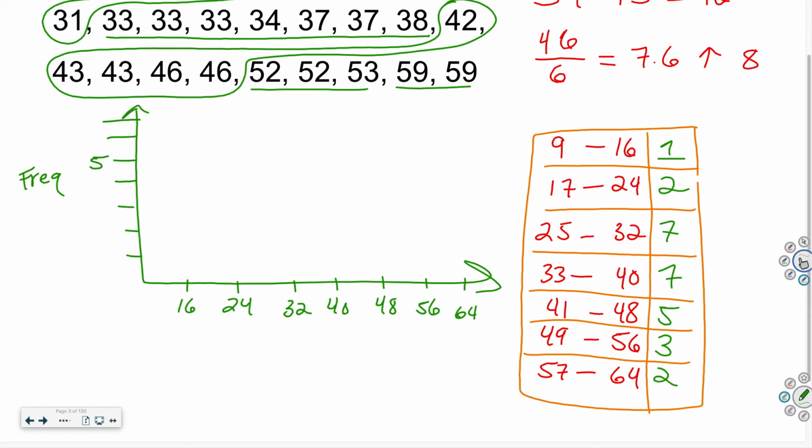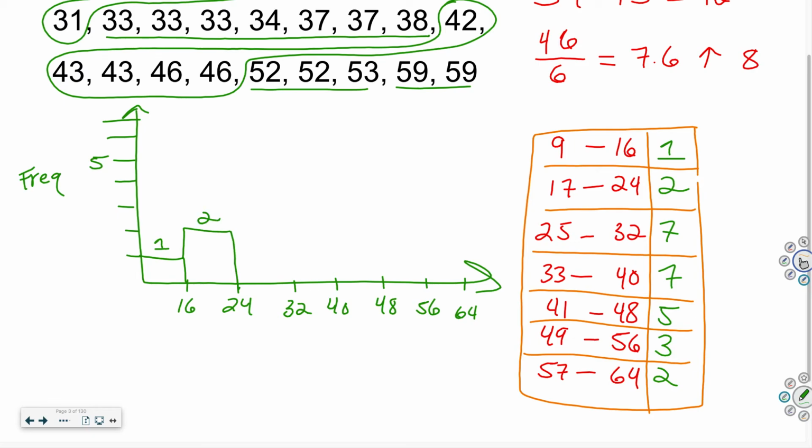Okay. Histograms don't have spaces in between the entries, the values. There's no gaps between intervals. So every number will have a place to go. When you do bar graphs, they usually have space between the bars. Okay, what was our entry for the first set? 1. We'll put a 1 on top. Our second interval, 2.